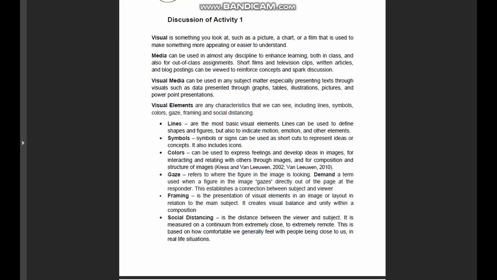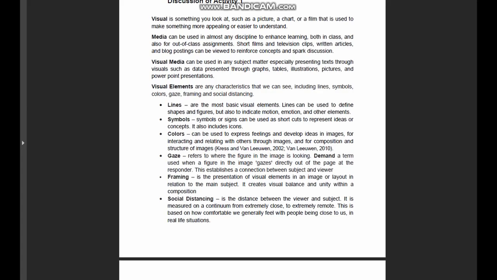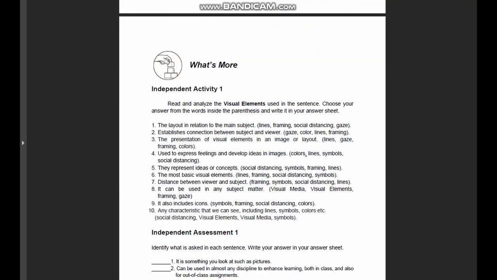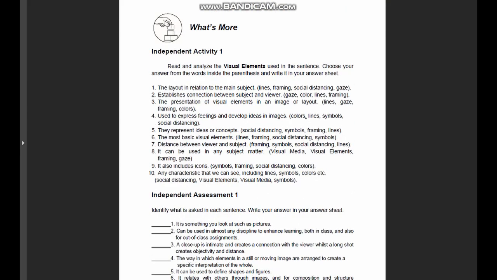Our discussion for the visual elements. Okay, we will continue in what's more. We will read and analyze the visual element used in each sentence. Choose your answer from the words inside the parentheses and write it on your answer sheet.